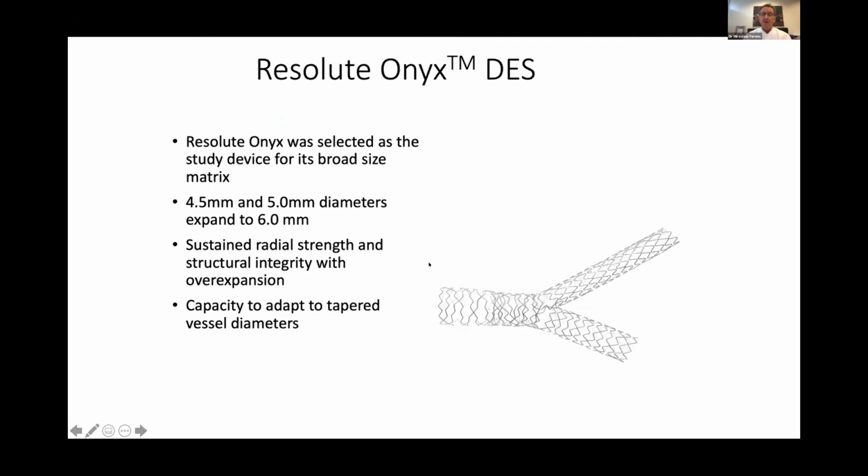And just one word on why we used the Resolute Onyx for our study. First of all, it is a stent which can be postdilated up to 6 millimeters, so practically every human left main will be covered without malapposition using this stent. There is minimal shortening, and due to the open cell design, very good side branch access. So we had a few benefits using this stent.